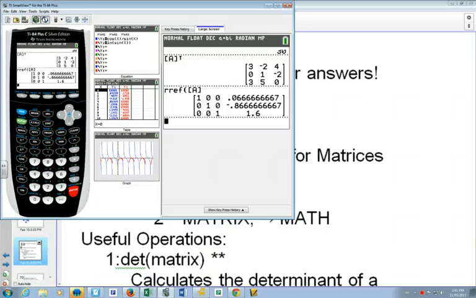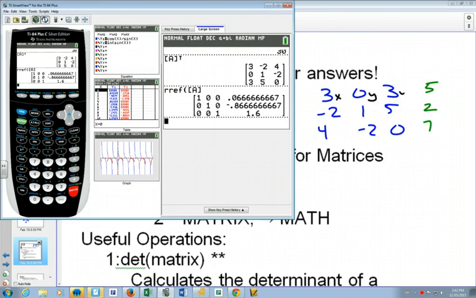We just said, what was my original matrix here? I had 3, 0, 3, negative 2, 1, 5, 4, negative 2, 0. And I put some random numbers in there. 5, 2, 7, was that what I put? Let's just pretend that's what I put. It doesn't matter right now, because you'll get the idea in a second. What we just did by having this put in, we just solved the system of equations that would say 3x plus 0y plus 3z is equal to 5.